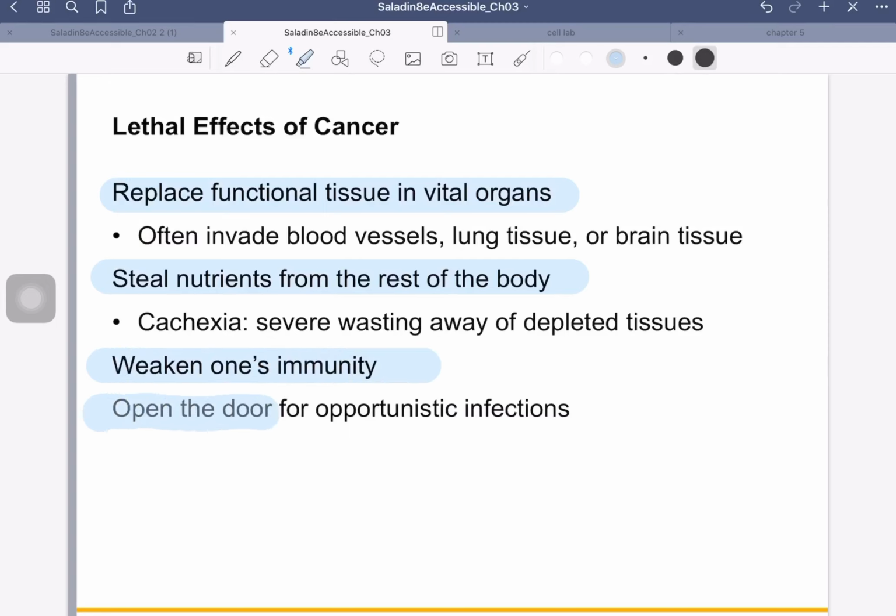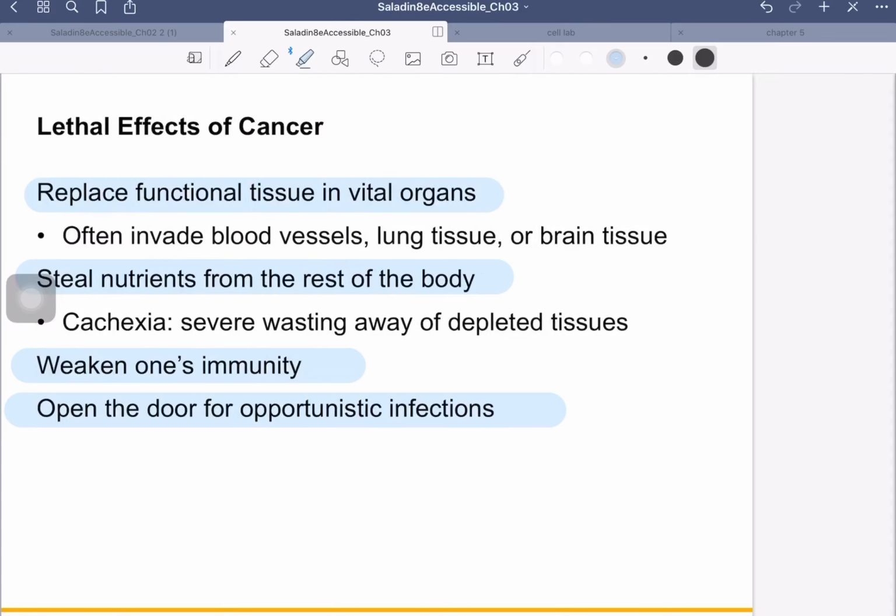And often it opens the door for opportunistic infections. Opportunistic infections are those infections that typically don't occur unless conditions have been set up for them to occur through things like immunosuppression. Now, we do know that many cancers actually have ways to evade the immune system or to turn off parts of the immune system.